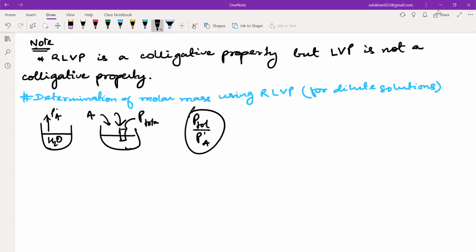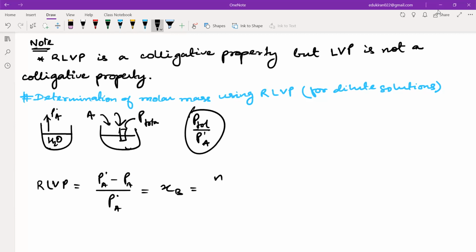So what is RLVP? RLVP is equal to P naught minus P total upon P naught, है ना? एक लिख लेते हैं जो कि आपका सॉल्वेंट होगा. This will be equal to chi B. What is chi B equal to?